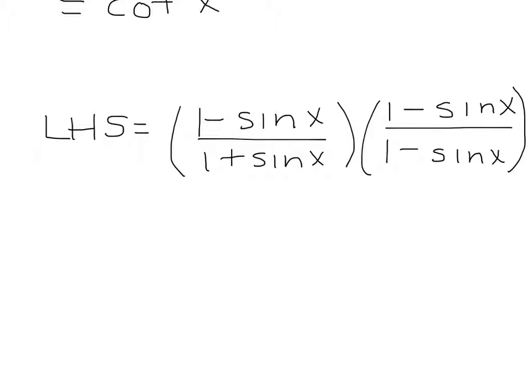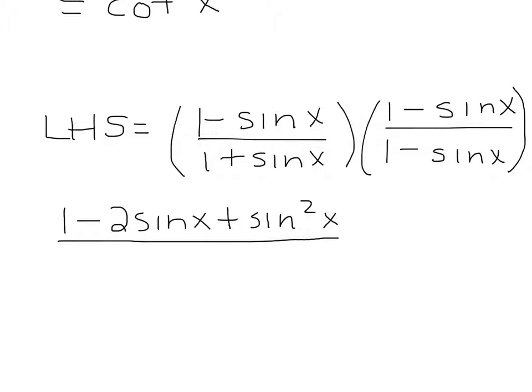So in the numerator, I have 1 minus sine quantity squared, which is the first term squared. Inners and outers gives me 2 times 1 times sine of x, and last gives me plus sine squared of x. In the denominator, I have the difference of 2 squares, just like I planned it, which gives me 1 minus sine squared of x.